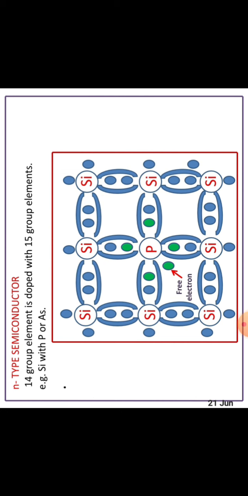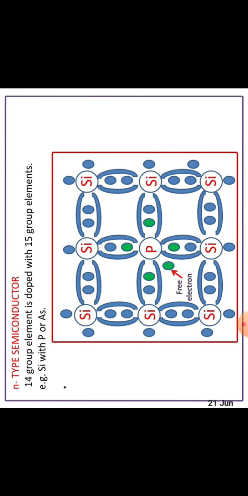It means it has 5 electrons in its outermost orbit. So out of 5 electrons, 4 electrons are used to form 4 covalent bonds with 4 different silicon atoms, and 1 electron is left.